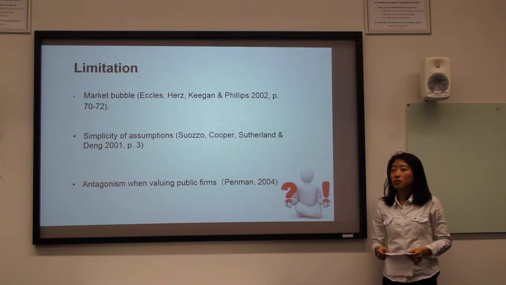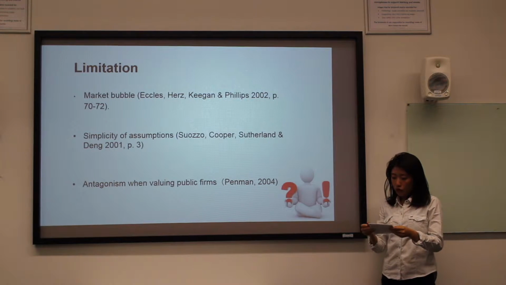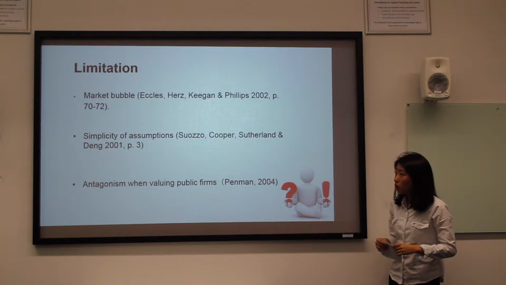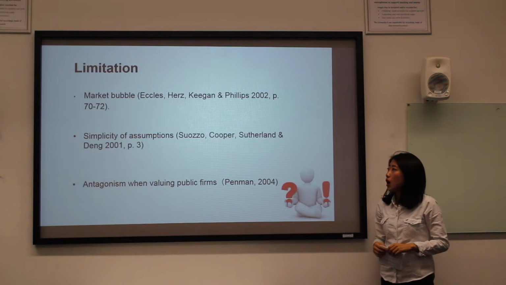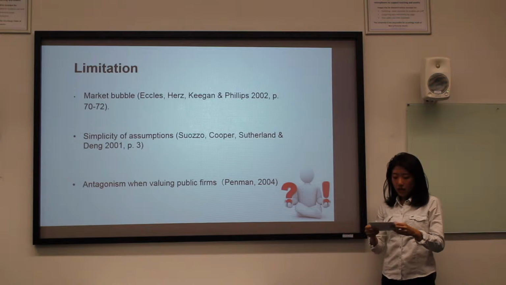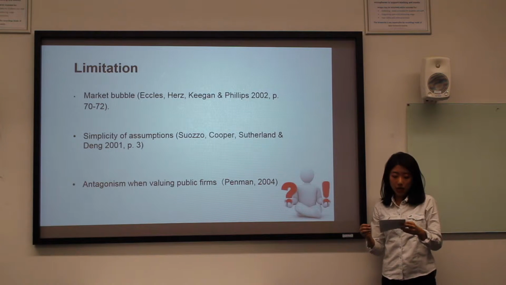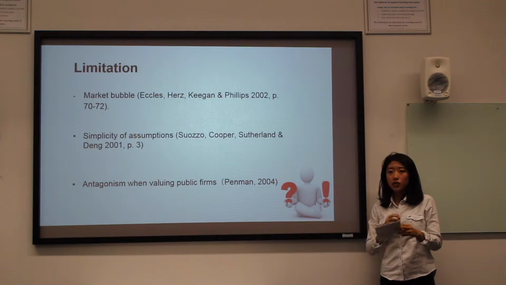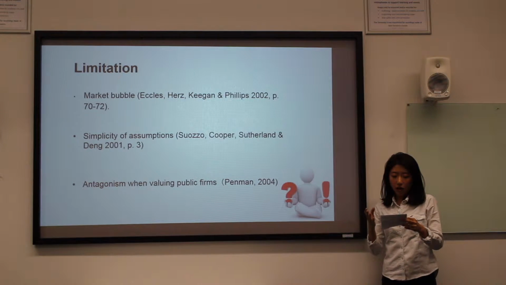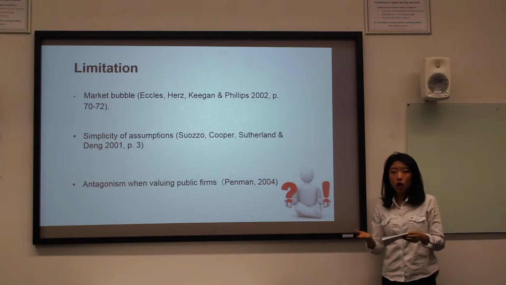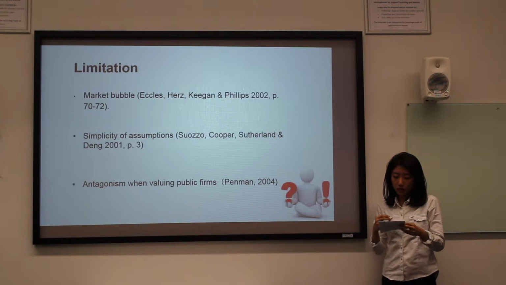The first is market bubbles: using multiples could promote the formation of market bubbles. The second is the simplicity of assumptions, which means it compacts a great deal of information. Sometimes it is difficult to distinguish the different effects of profitability, growth or risk on the firm's value.